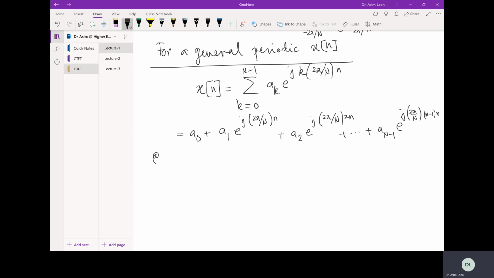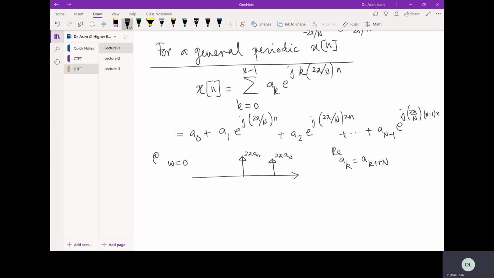At omega equal to 0, what do I have? I have 2 pi a0, and since the a's are periodic, there will be a 2 pi an, because ak is equal to ak plus n, if you recall.